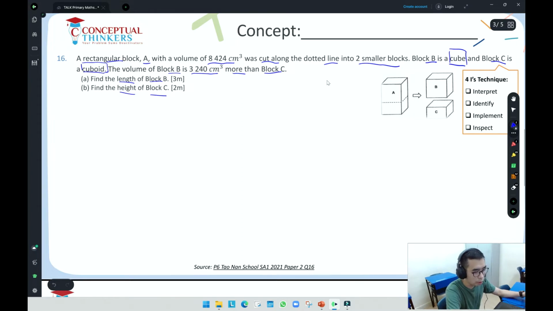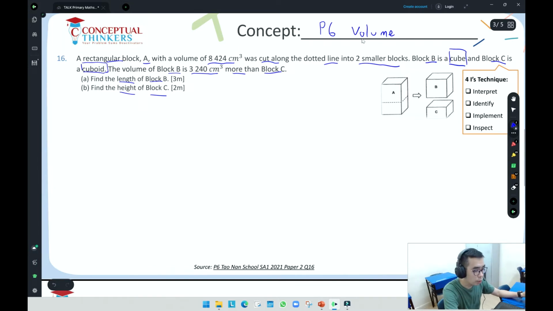Now, by interpreting the question, since they want us to find the length and height of a cube and a cuboid, we know that the concept here will be under P6 volume. For P6 volume, usually what they want us to do is to find the square root or cube root of a shape. If it's a volume, then we do a cube root, usually when we handle cubes.